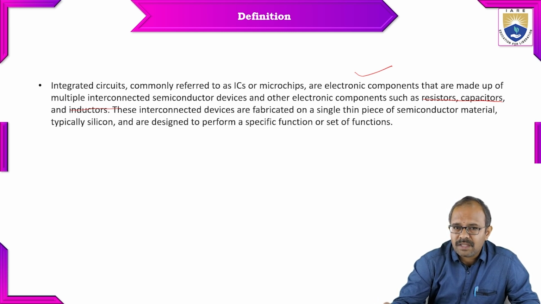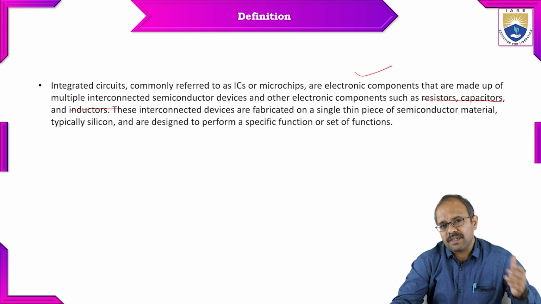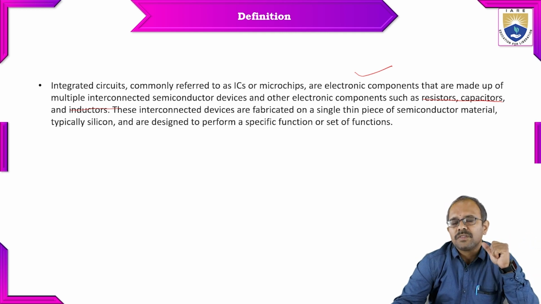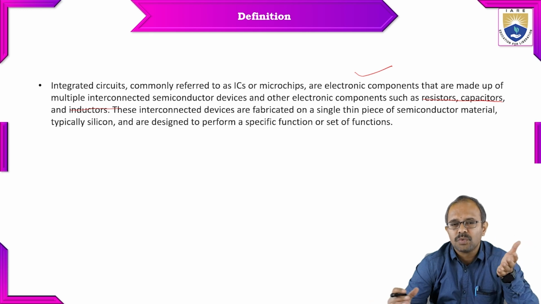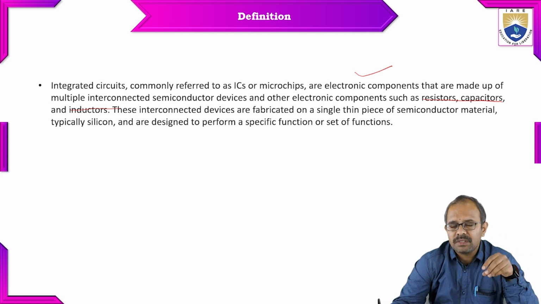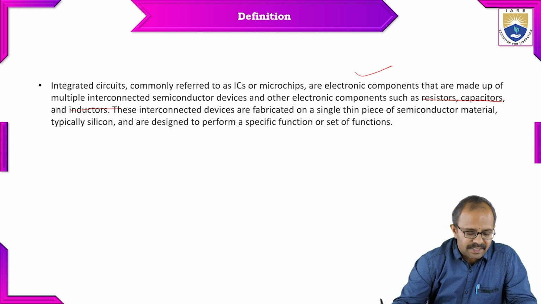If you remember the RTL logic and DTL logic, that is the basic design of any digital circuit. Later we have ECL, emitter coupled technology, and then we have CMOS technology to design all these digital circuits. Why I'm talking about this is that all these basic resistors, inductors, capacitors can be realized using transistors itself.